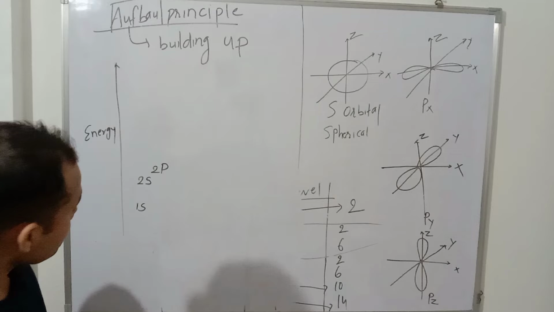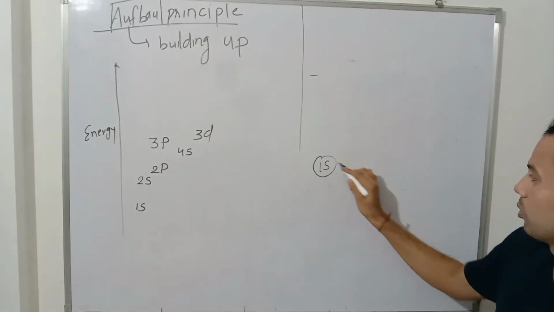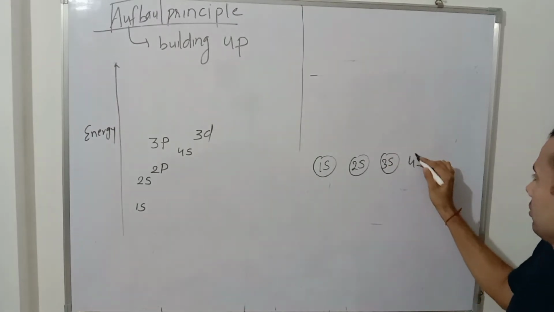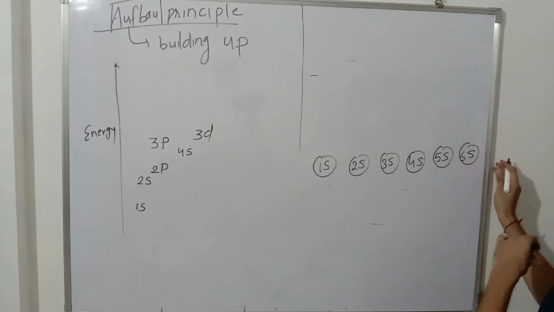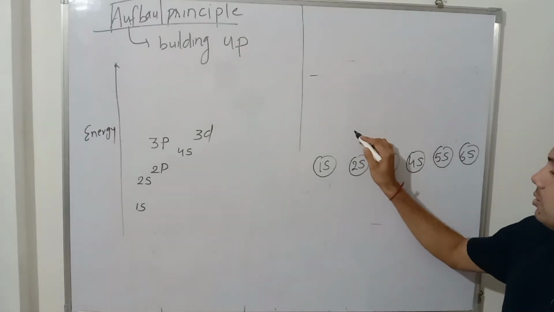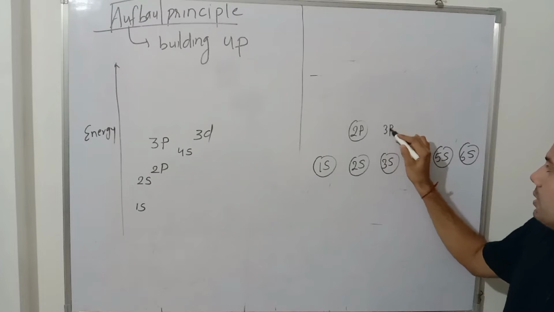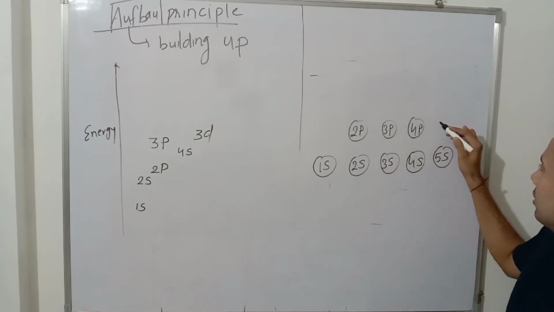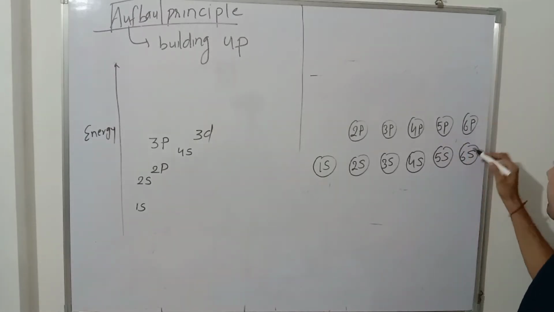If I move to the third one, first write 1s, 2s, 3s, 4s, 5s, 6s, 7s, and above 2s you can write 2p, and above 3s write 3p, 4p, 5p, 6p.